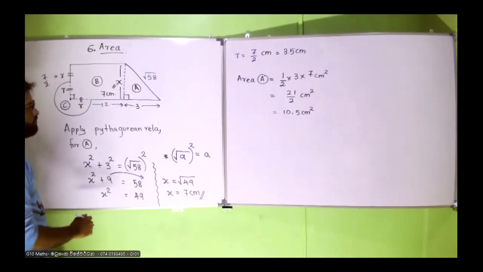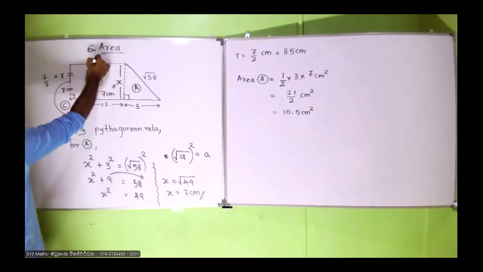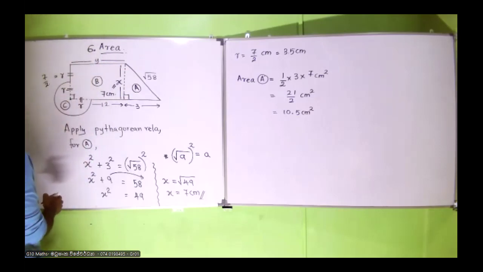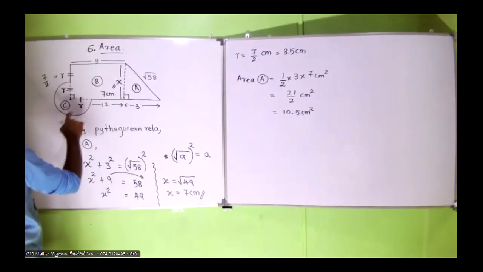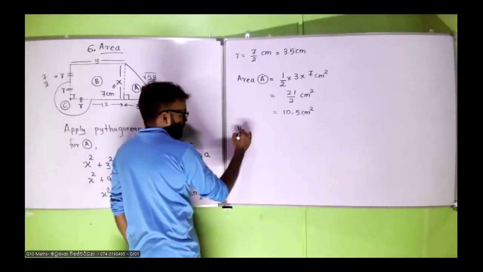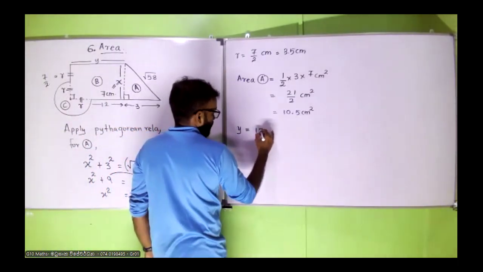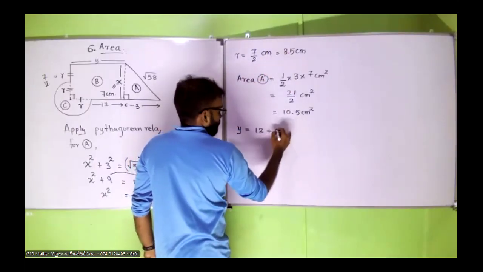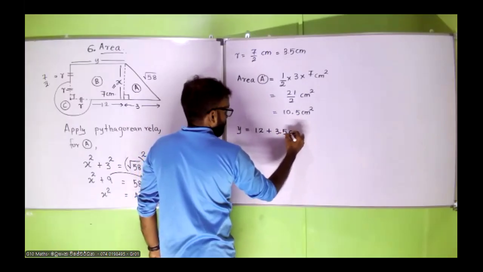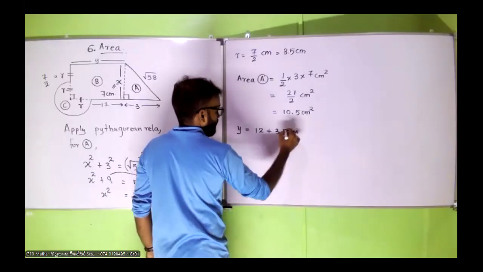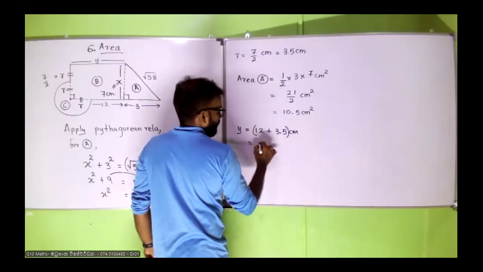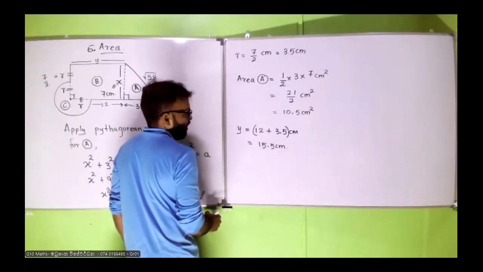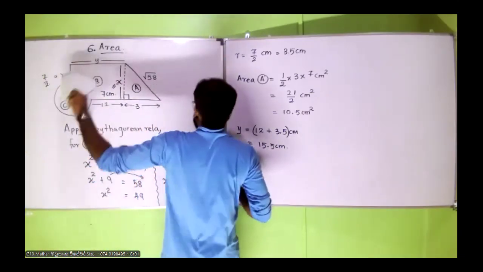Area of B. To find the area of B, I will take this whole length as y. Y equals 12 plus r. R means 3.5 centimeters, so y is 15.5 centimeters. So this is the rectangle.